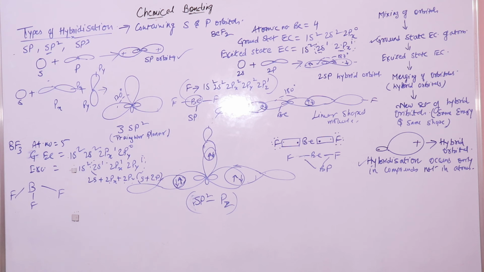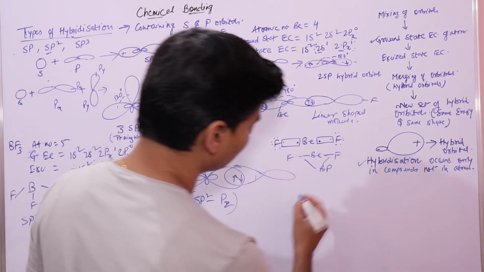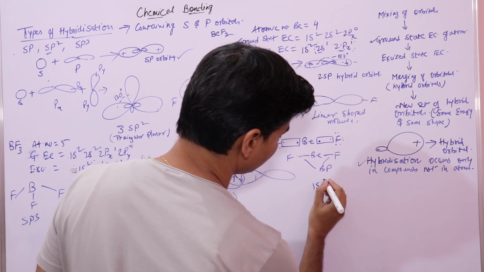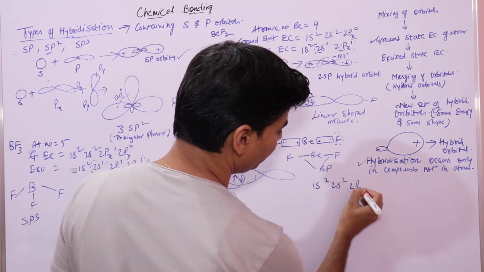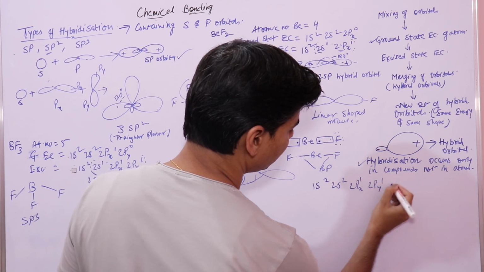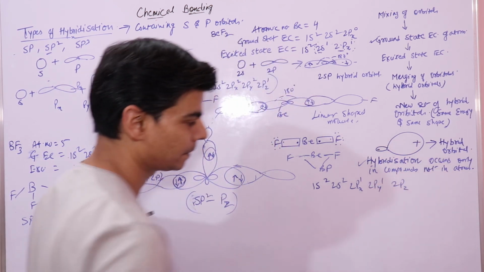Now similarly, we have sp3 hybridization, right? An example of sp3 hybridization is carbon, right? Carbon has ground state electronic configuration 1s2, 2s2, 2px1, 2py1 and 2pz0, right?